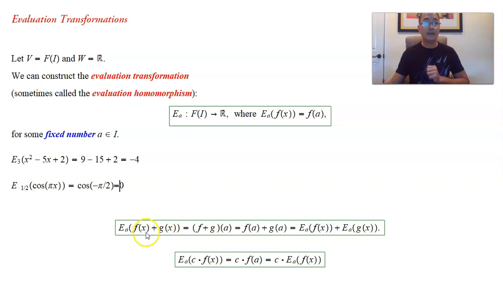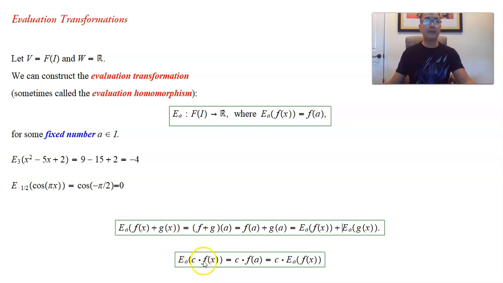Plug in A into f plus g. But we know our algebra, we know our notation. That simply means f of A plus g of A. Now, f of A is exactly what we mean by E sub A of f of x, and g of A, similarly, would mean E sub A of g of x. So we have additivity.